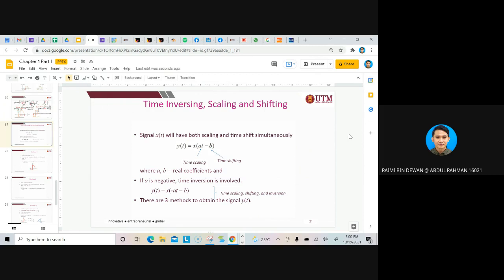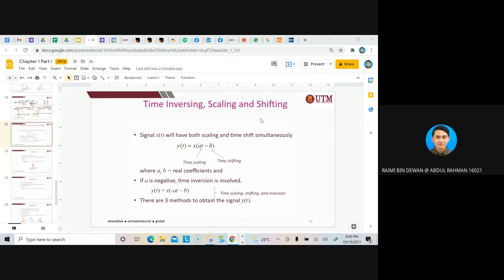So now we're going to revise. We have learned time inversion, scaling, and shifting.